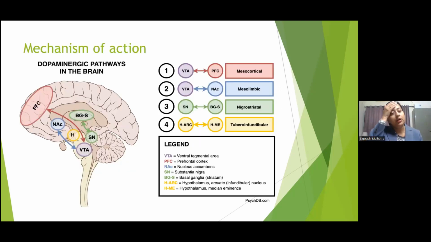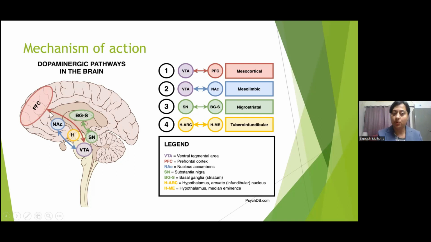Now going into further details, there are some dopaminergic pathways in the brain which these antipsychotic drugs block. So let us see those pathways. The mesocortical pathway starts from the ventral tegmental area to the prefrontal cortex.